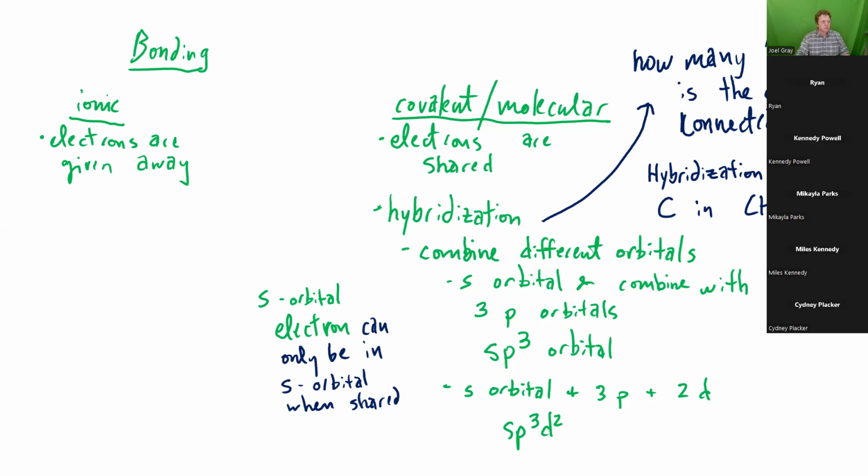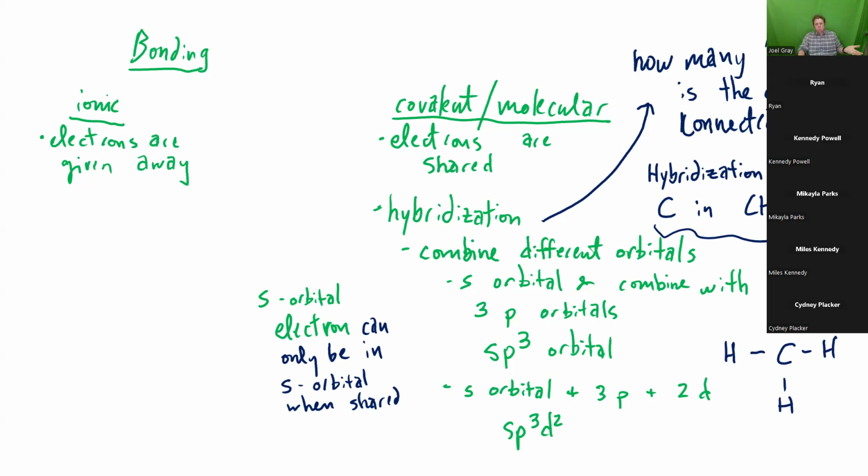Now, to be able to answer this question, many times I'll give you a structure and I'll say, what's the hybridization of this atom? And I'll point to that atom in the structure of a molecule. But for this, we'd say, here is the structure, CH, H, H. So my question for y'all is, how many things is that carbon connected to?